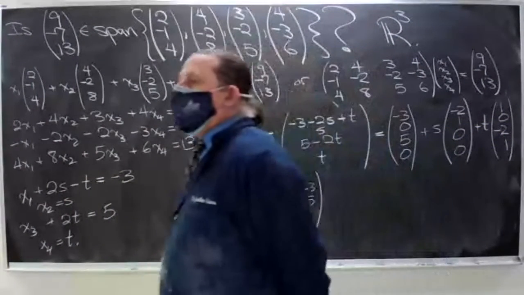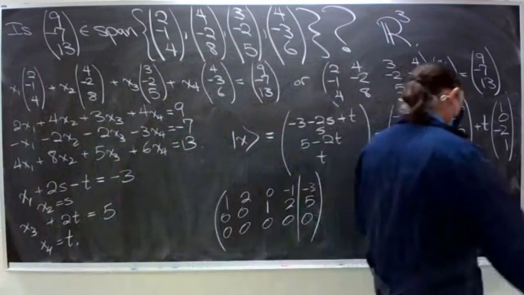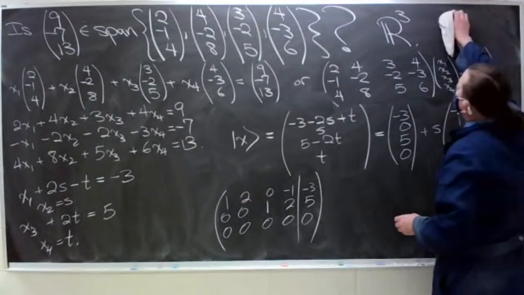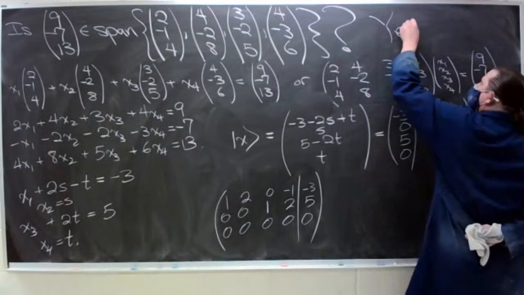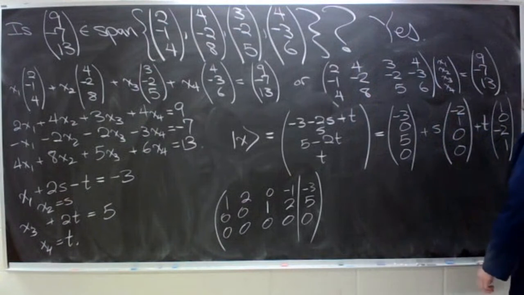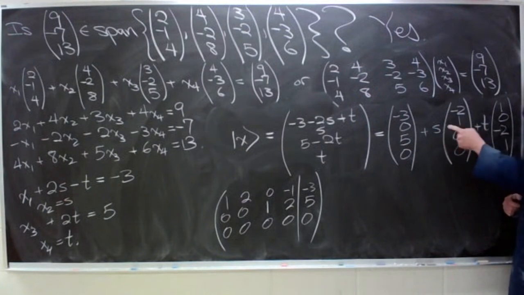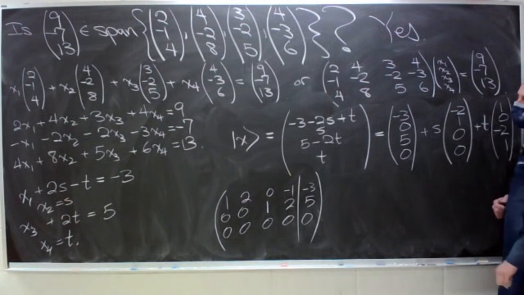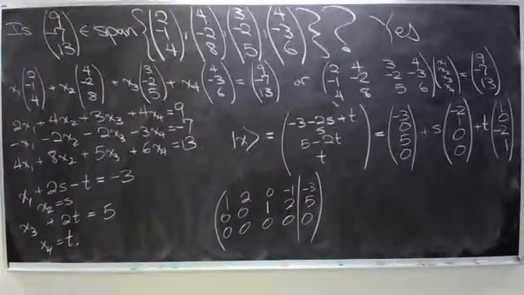Now, the first thing that we see here is that the answer to the question is yes. But we also see that we can write this vector as a linear combination of these four vectors in an infinite number of ways.